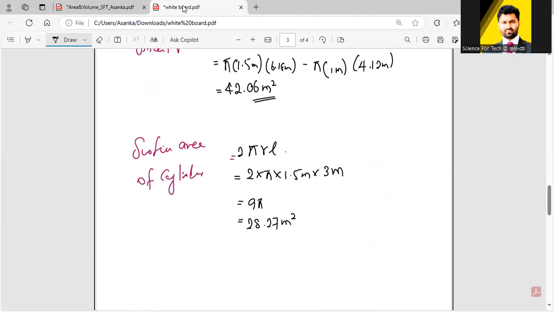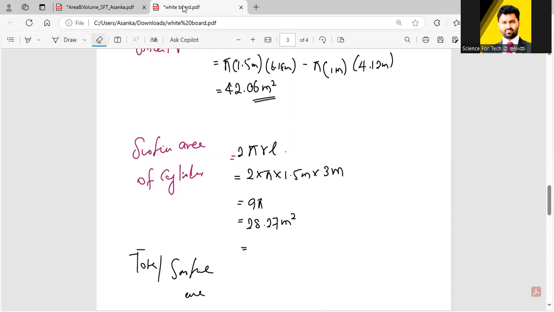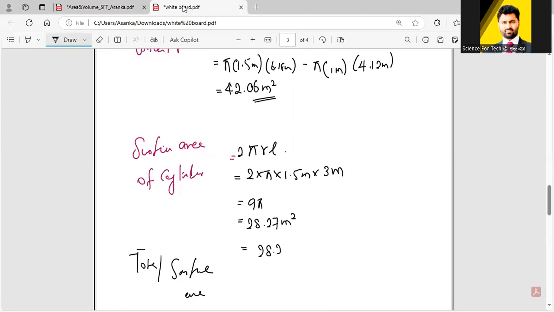Then I'm going to add this and this. That means the total surface area equals 28.27 square meters plus 42.06 square meters.